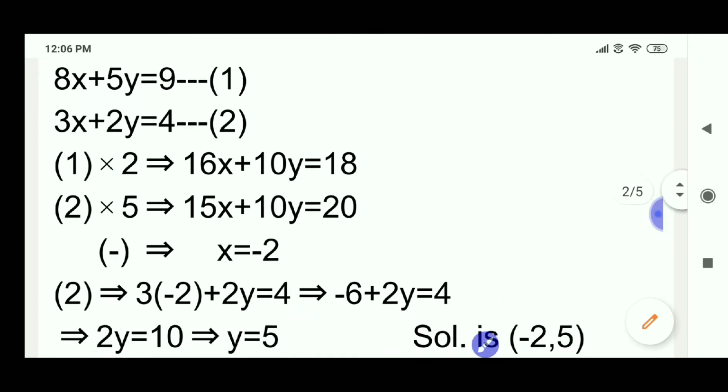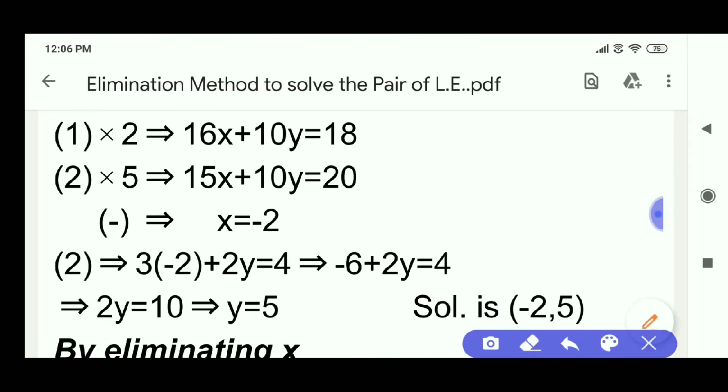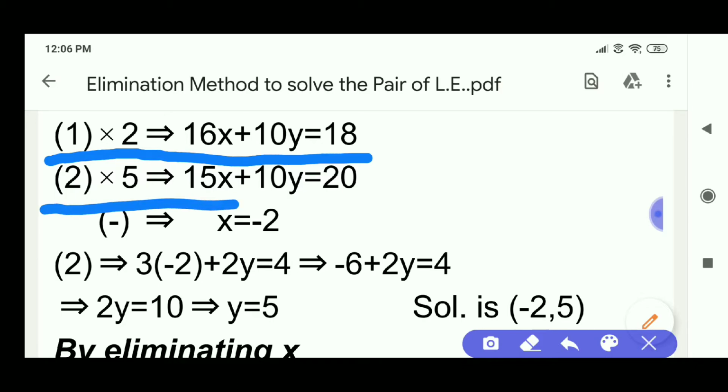By multiplying the first equation with 2, it becomes 16x + 10y = 18. And multiplying the second equation with 5, it becomes 15x + 10y = 20. Here the y coefficients are equal and both are positive.